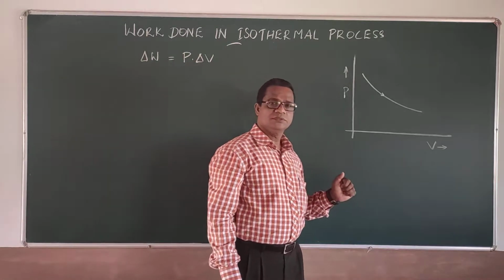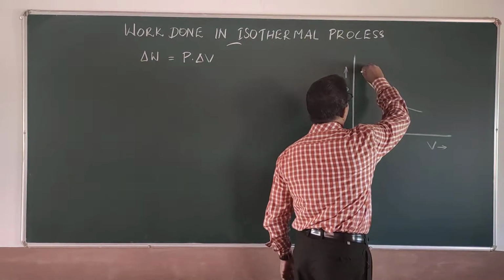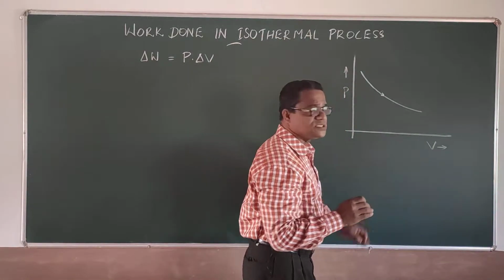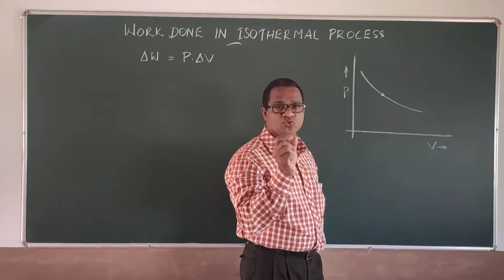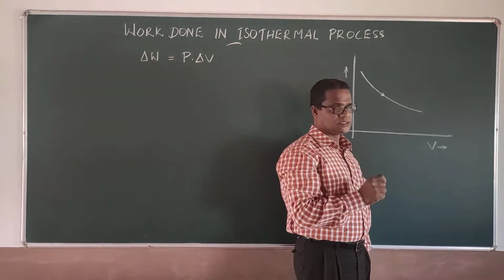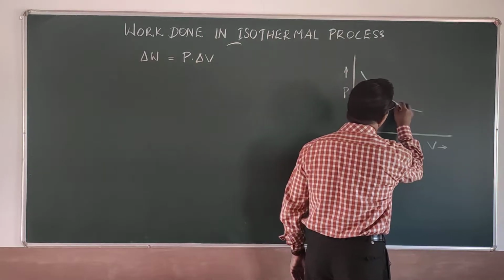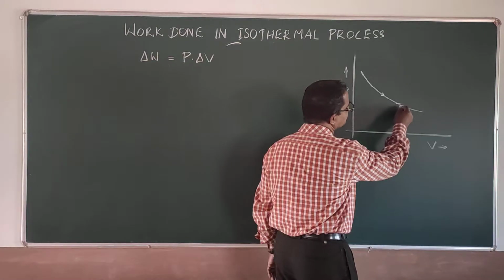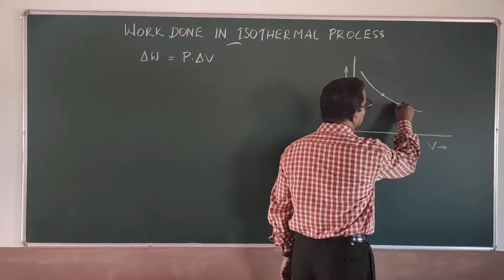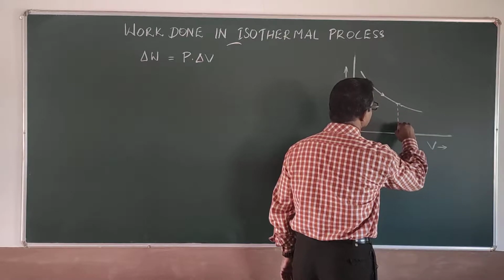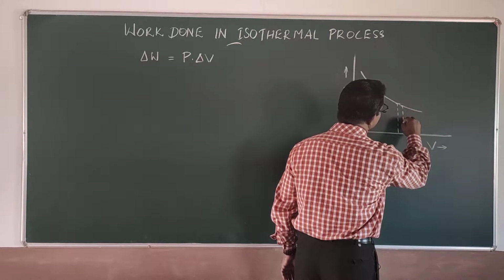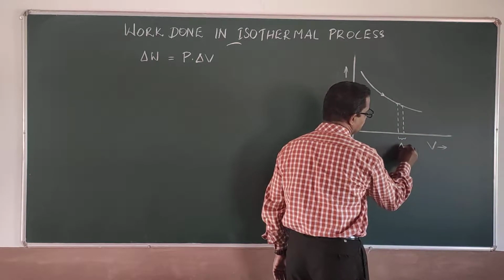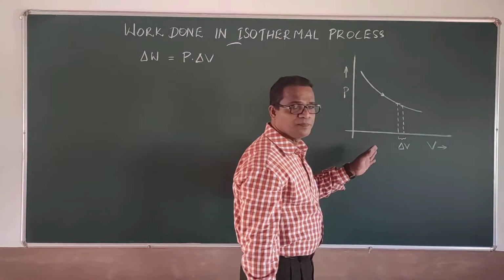So as the pressure and volume both are varying, I split this isotherm into infinitesimally small parts, and I consider a very small portion of it. For that particular portion, there is a change of volume of delta V.